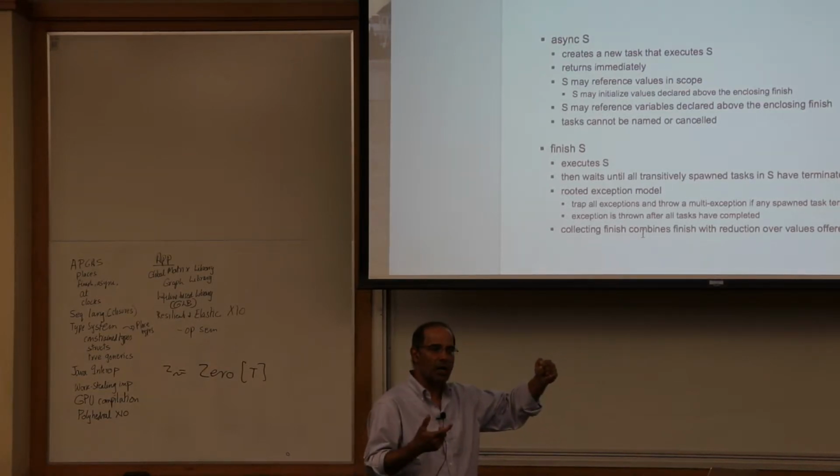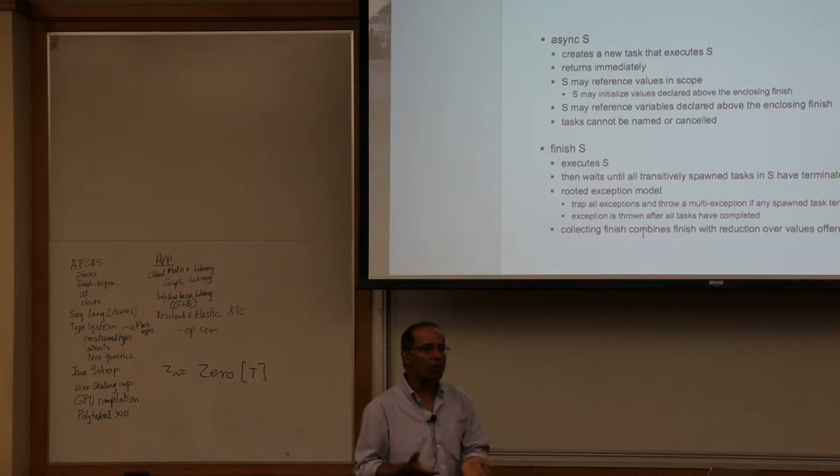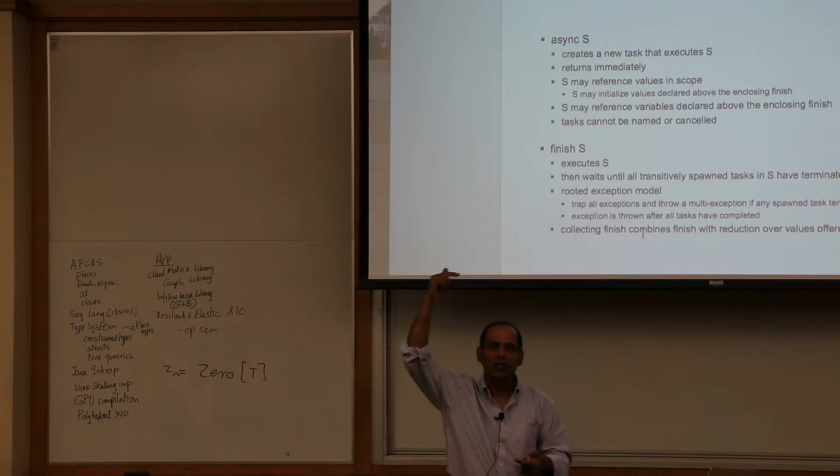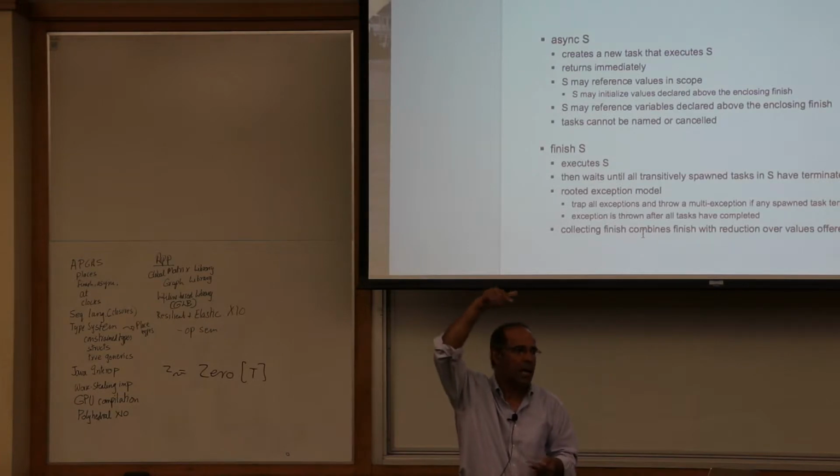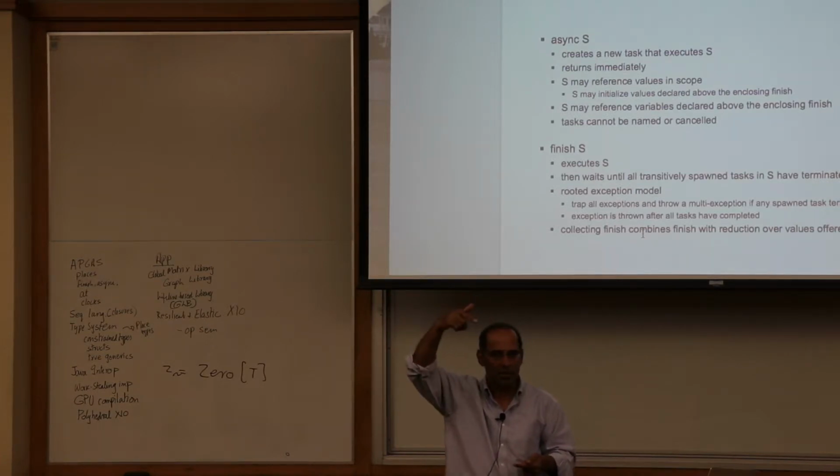So all that is required is an offer method. An offer operation: any async can execute an offer with a value of some given type T. Think about it like this: there's a reducer sitting in the sky at the finish, and the user supplies that code.